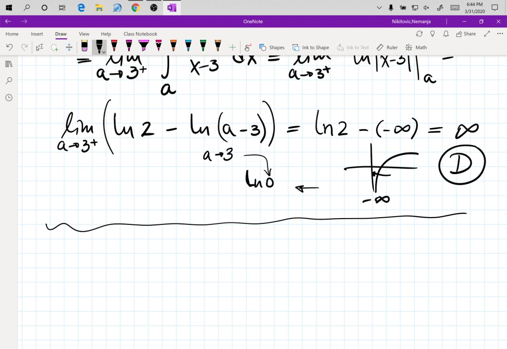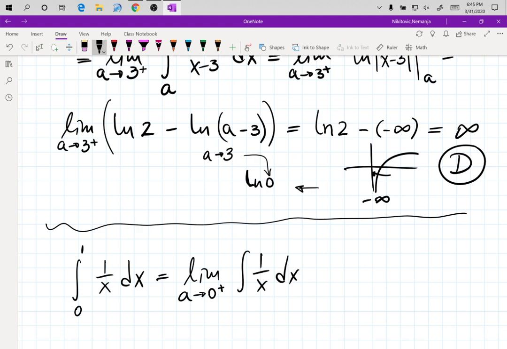Similarly, for our friend, let's go 0 to 1 for 1 over x dx. This is a quick one, right? It's the same as the above. We know that the problem is at 0, so limit a goes to 0 plus. Plus means approaches from the right. Integral 1 over x dx from a to 1.